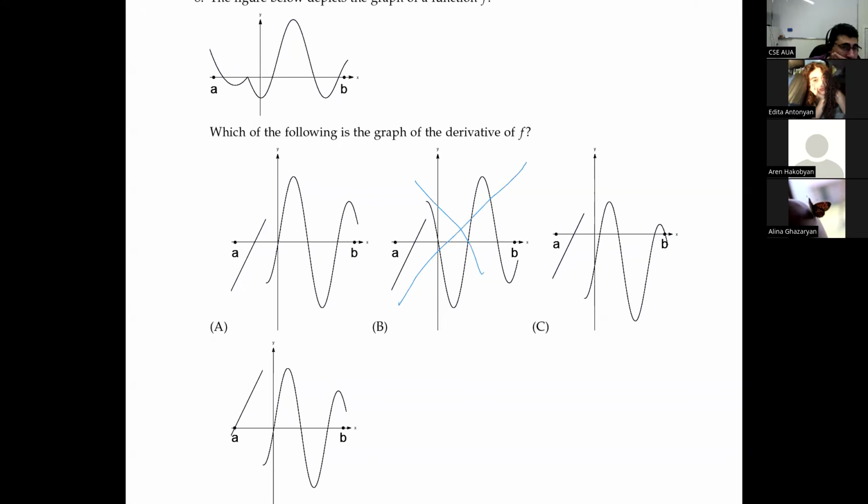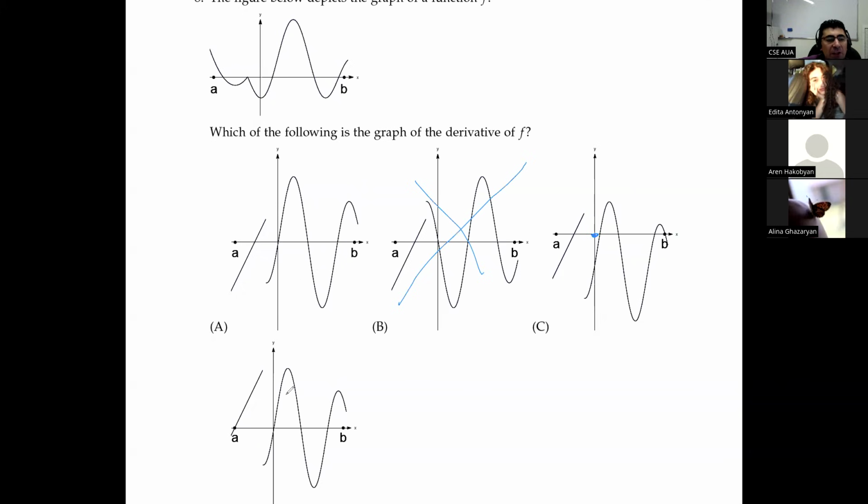What else can we see? For example, we can see that on the graph of C, the derivative at 0 is not 0.